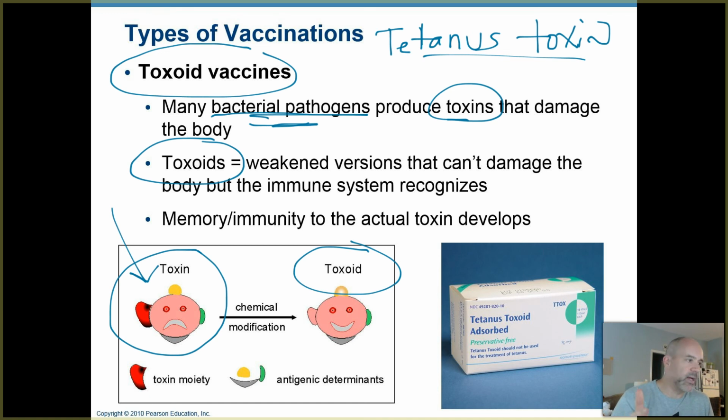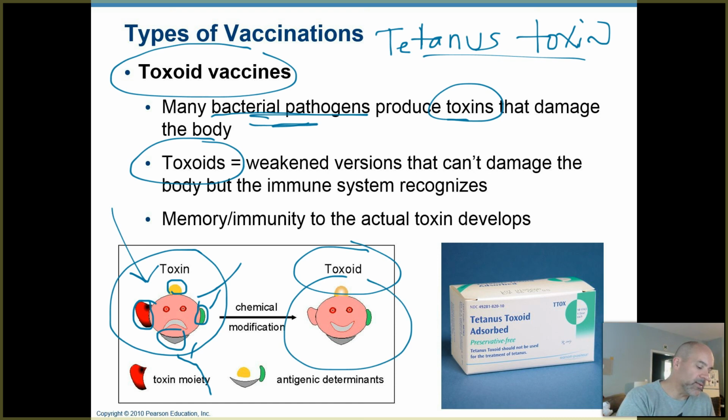It's usually a protein molecule. And so there are three-dimensional shapes on these proteins that you can make antibodies to. Your immune system can detect those. Those are antigens, and you can make antibodies to them. So the toxoid version over here still has a number of those antigens on the surface that you can make antibodies to.